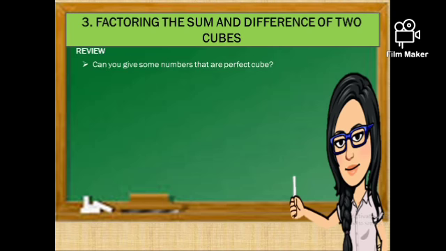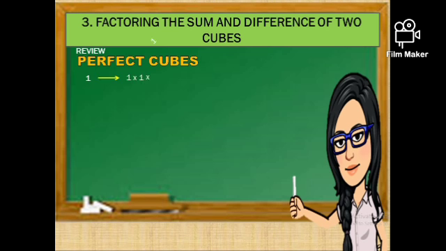Can you give some numbers that are perfect cube? Very good. Here are some perfect cube numbers. We have 1. It is the product of 1 times 1 times 1. We have 8, a product of 2 times 2 times 2.